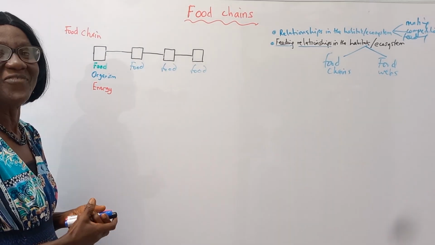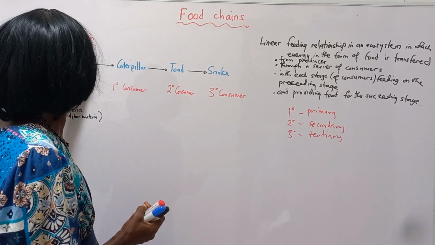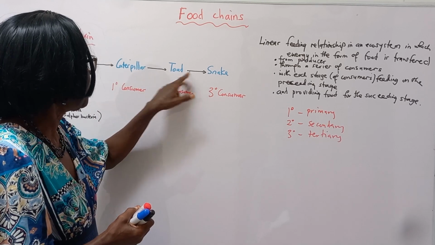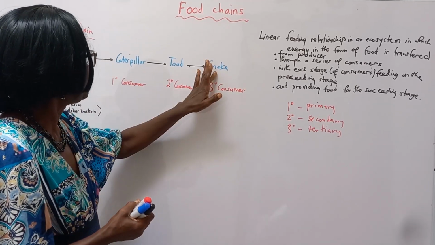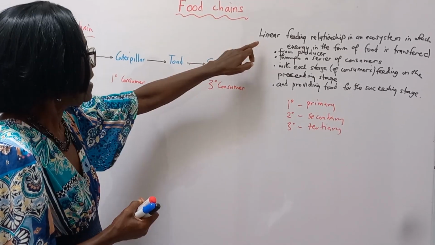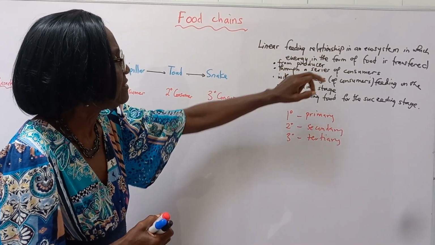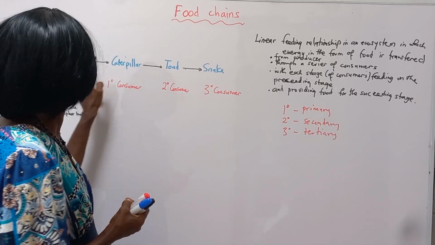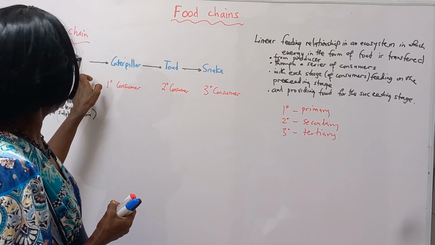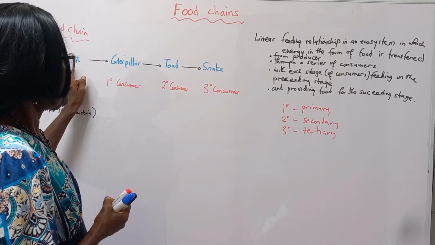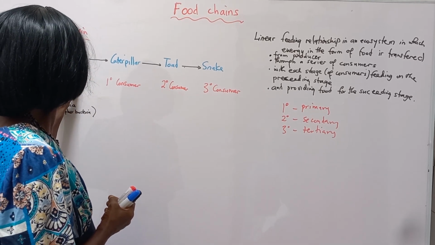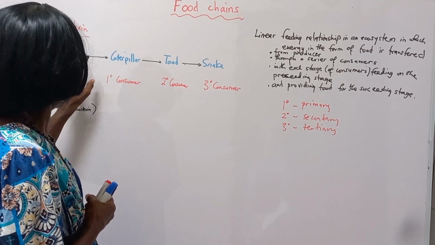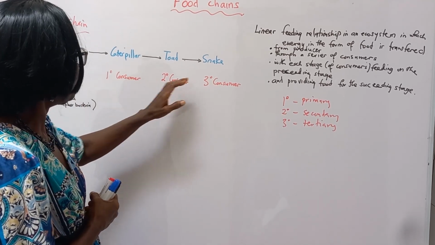So let us define a food chain. I have a chain of food: a hibiscus plant here, caterpillar, toad, snake. So the food chain is a linear feeding relationship in an ecosystem, where energy in the form of food is transferred from the producer, which is the plant, through a series of consumers.